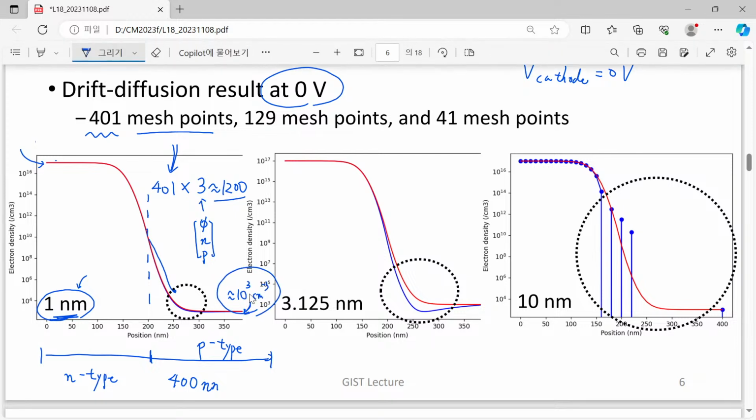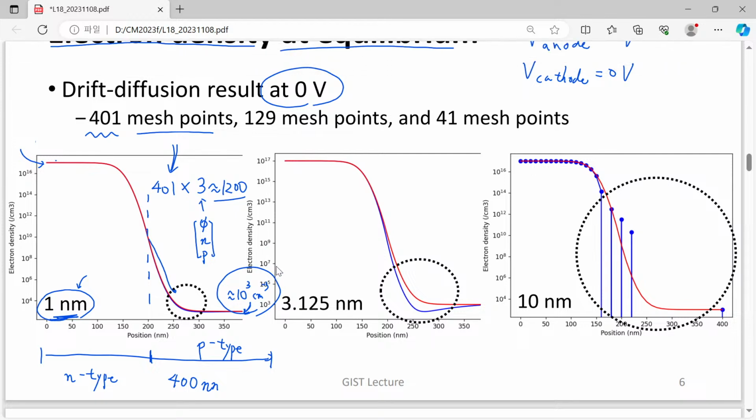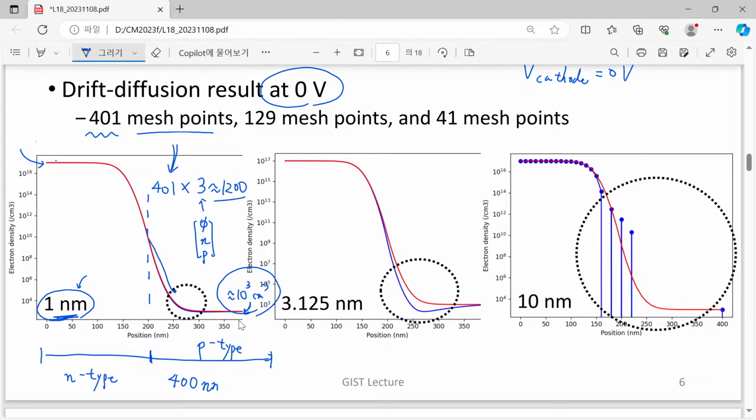What is this 10 to the 3 per cubic centimeter? This is the minority electron concentration, because here we have also assumed that the acceptor density is equal to 10 to the 17 per cubic centimeter. So hole density will be 10 to the 17 and electron density will be close to 10 to the 3.